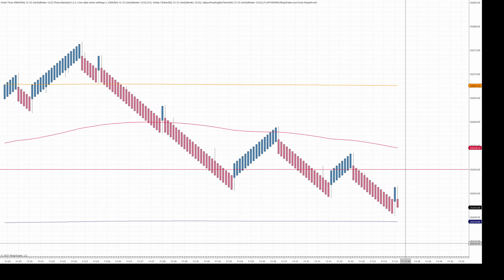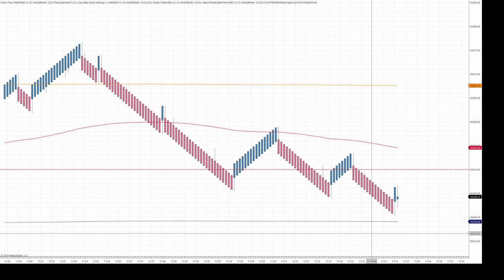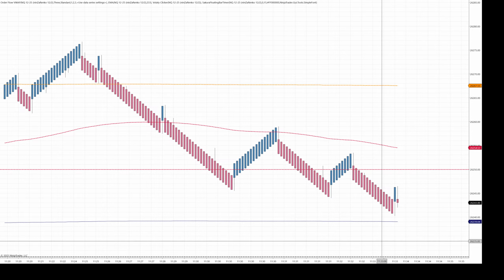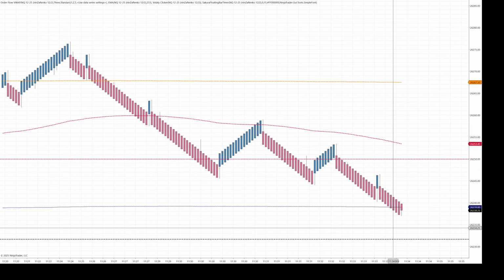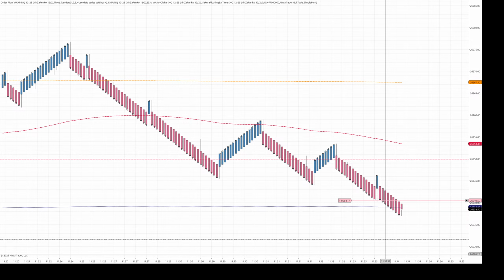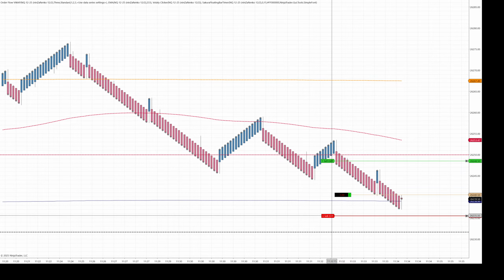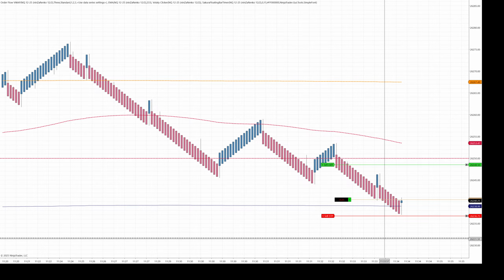FOMC, especially when you're trading futures, is kind of a crapshoot. You can see extreme volatility hitting both directions of the market. So it really depends. It's not really predictable, like, at all. All right, we got that bounce higher. I'm hoping this one's gonna work.